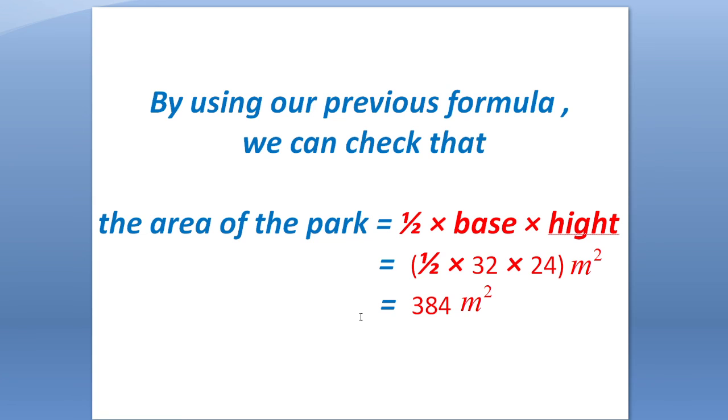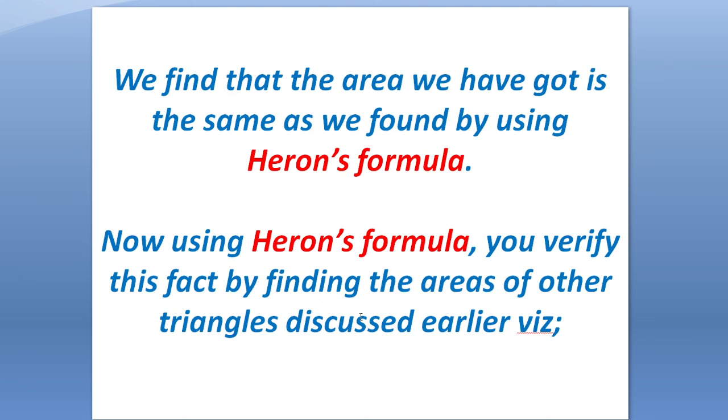So by using our previous formula, we can check that the area of the park is equal to 1/2 into base into height. So 1/2 into 32 into 24. This also gives 384 meters square. So we find that the area we have got is the same as we found by using Heron's formula.